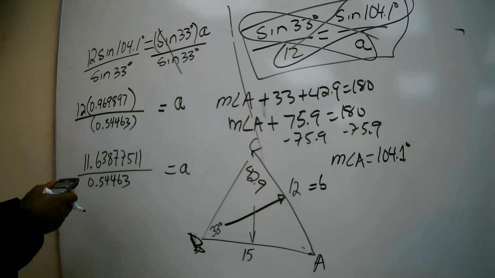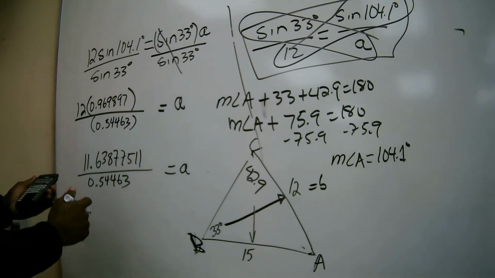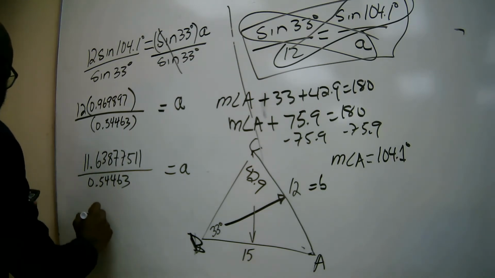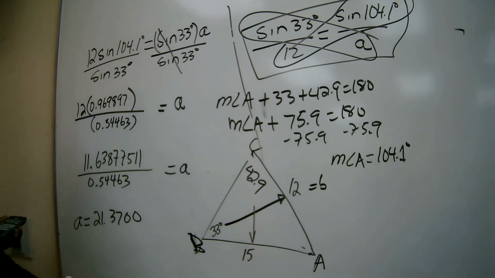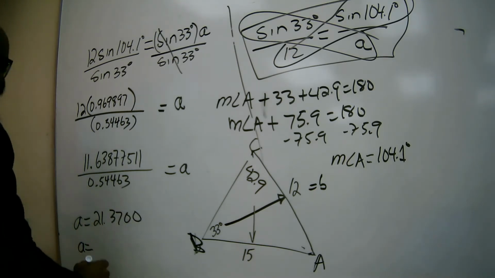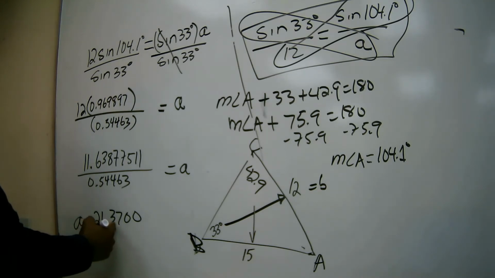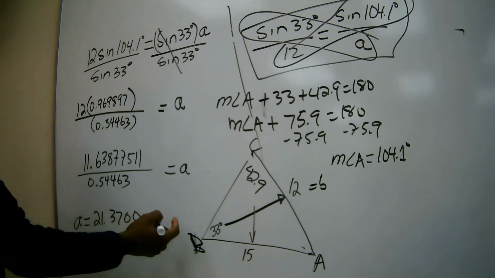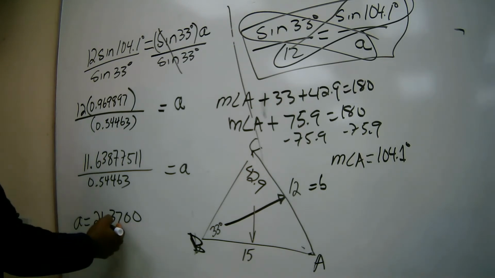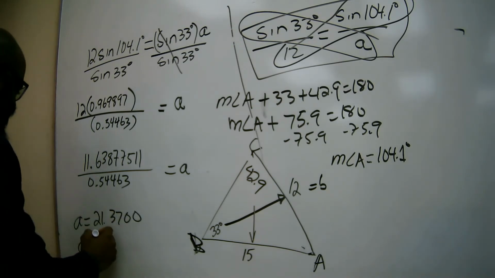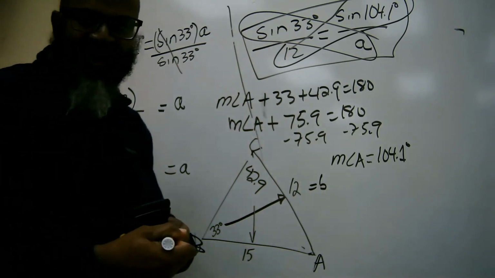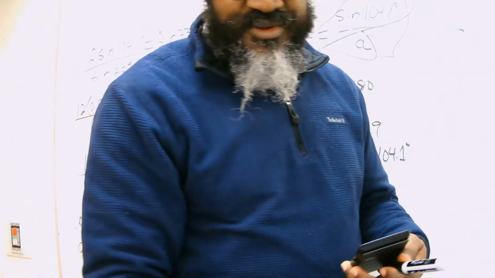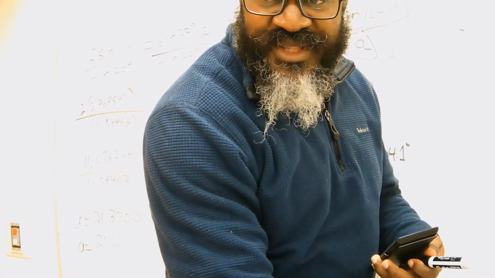This tells me side A is 21.3700. To the nearest tenth that will be 21.4, to the nearest hundredth, 21.37. So rounding to the nearest tenth, that will be 21.4. In this case, we're done with that problem. This is how you do it when you're dealing with law of sines.